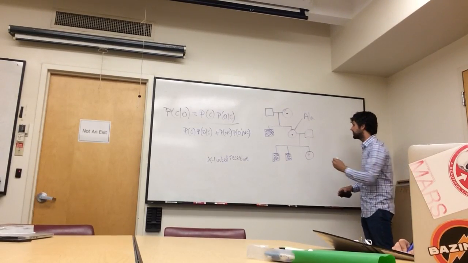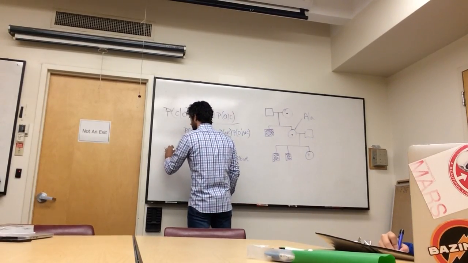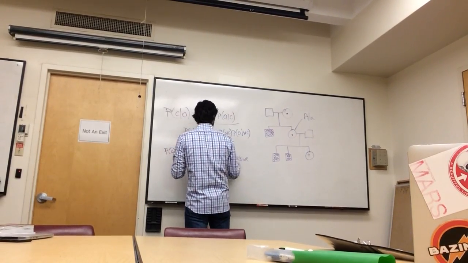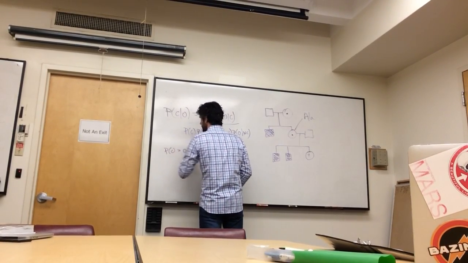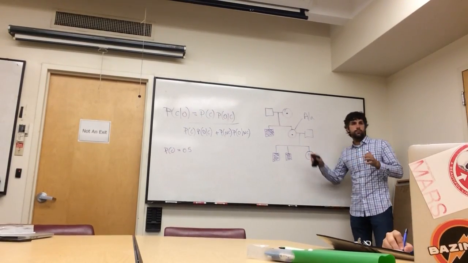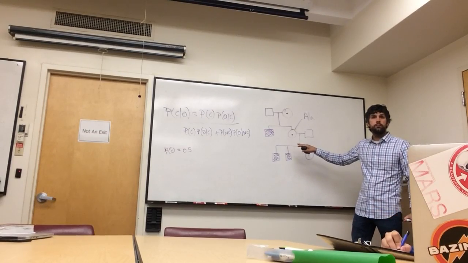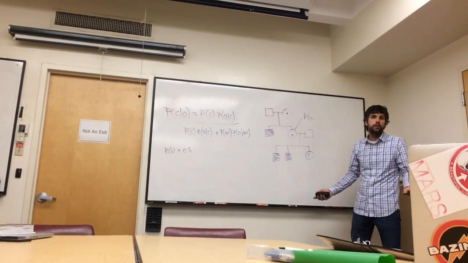And so it's 50%. So the probability that this daughter is a carrier is equal to 0.5. So that's where we would be if that's all we knew about this problem.